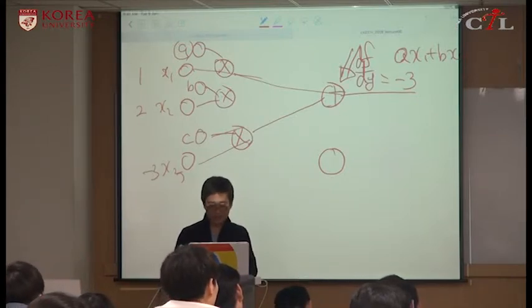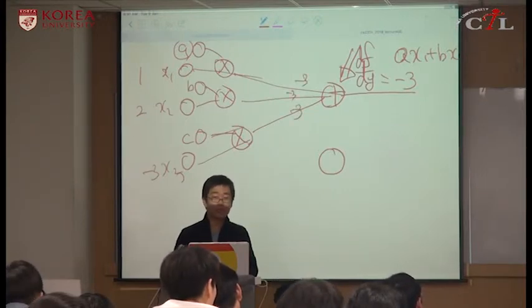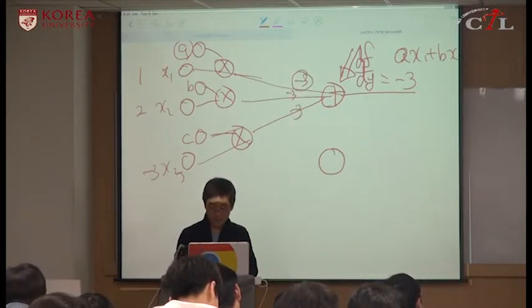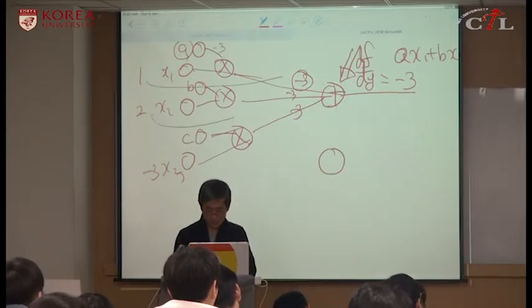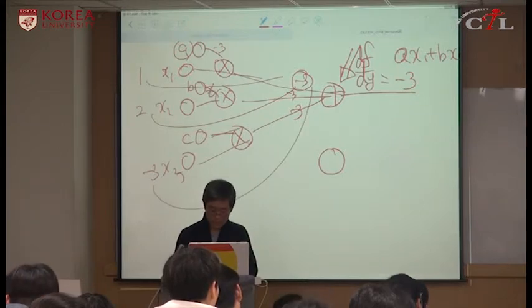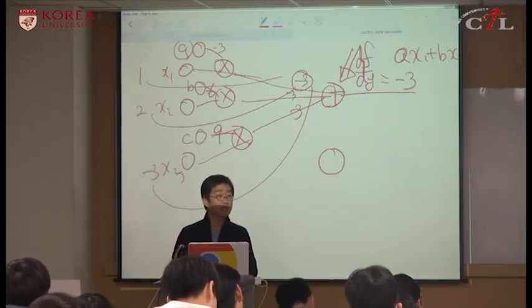So it is added together. -3 is duplicated, and -3 times 1 will be the gradient with respect to A, and for 2, it is -6, and +9 will be the gradient with respect to C, right?